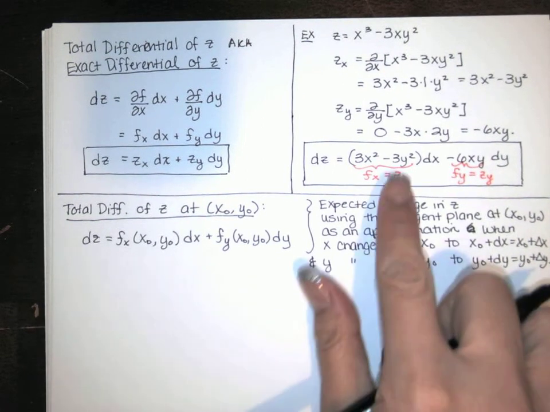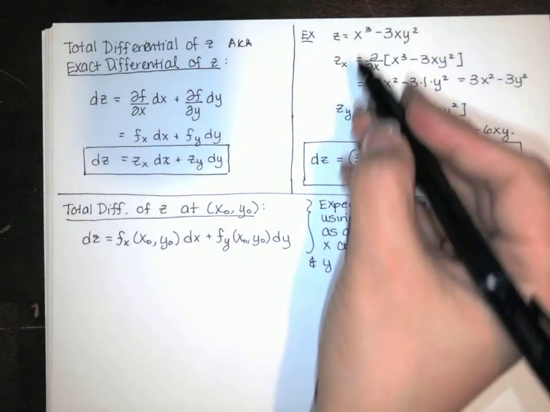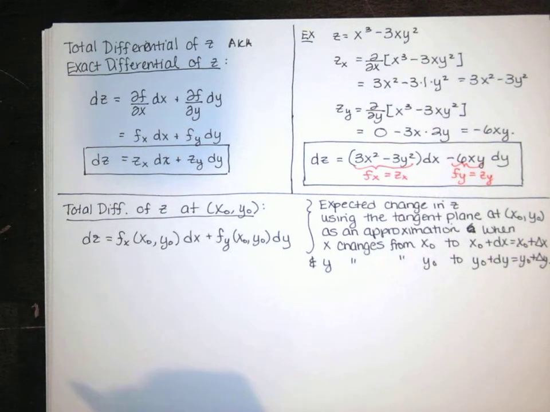All right, so let's use this function and evaluate this at a point. So let's say we're at the point x equals 2, y equals 3.